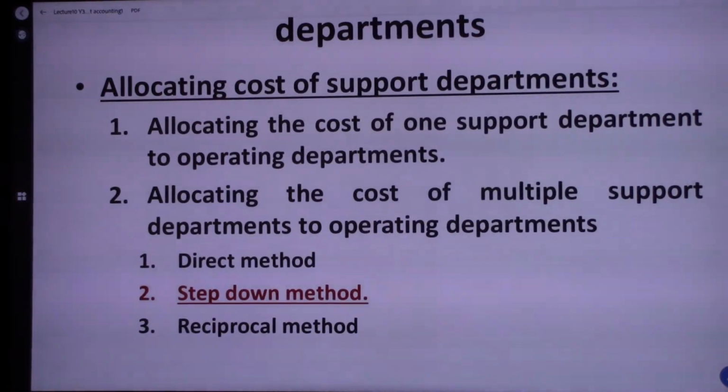We have in chapter 15 numerous methods that the firm can choose between in allocating costs from supporting department to production or operating department. But you are only required to apply step-down method, and you are only going to be asked about step-down method.